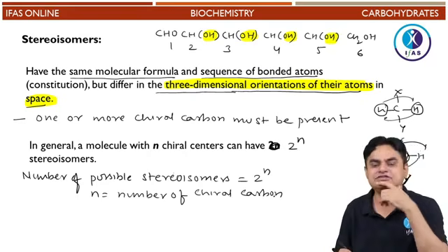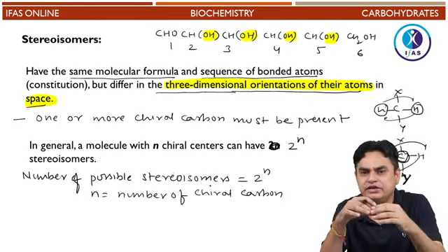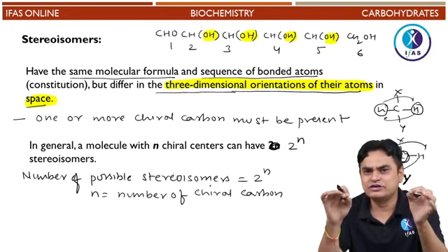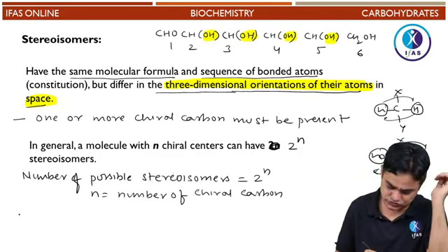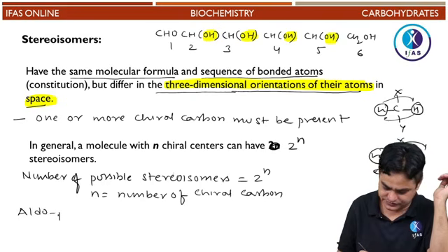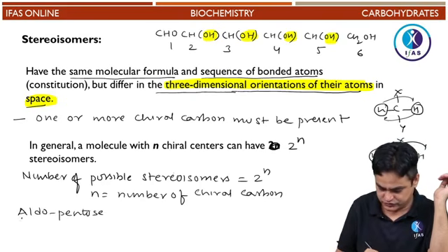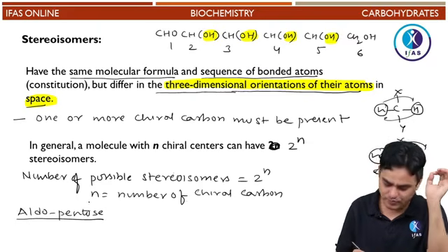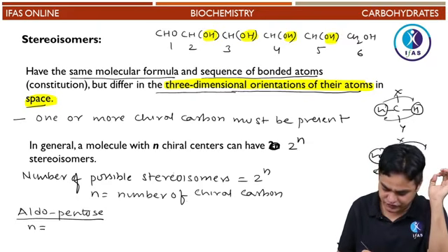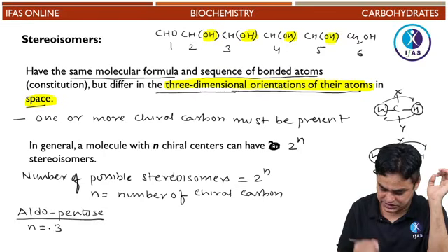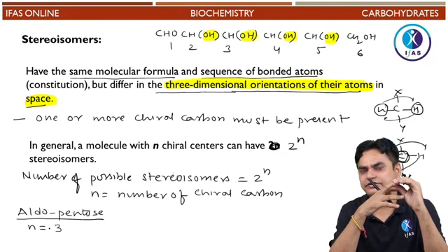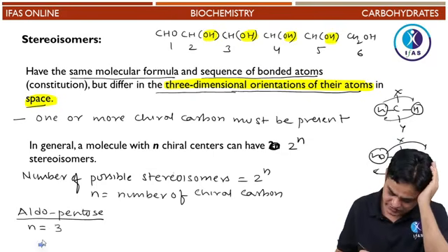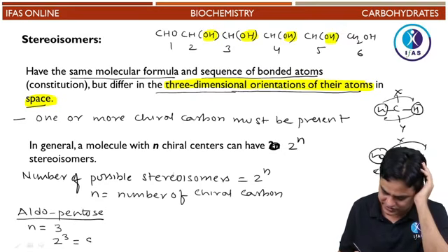So if someone asks you what would be the possible stereoisomers of any aldopentose, for example ribose, the answer would be: the number of chiral carbons in an aldopentose is 3, carbon second, carbon third, and carbon fourth. If there are 3 chiral carbons, then the number of stereoisomers would be 2 raised to power 3, that is 8 stereoisomers possible.